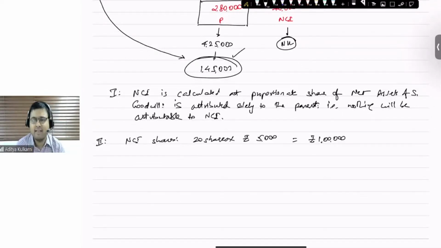That means in the second method, the NCI which is being calculated is NCI at fair value.